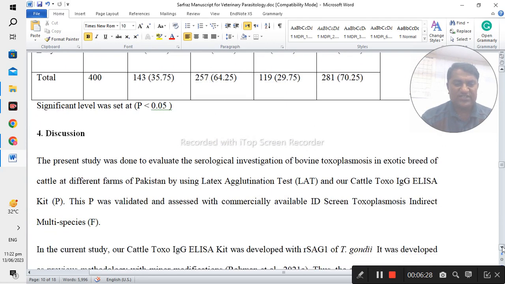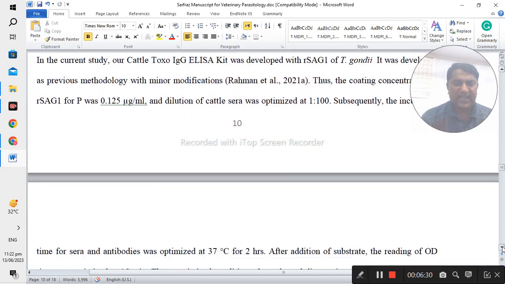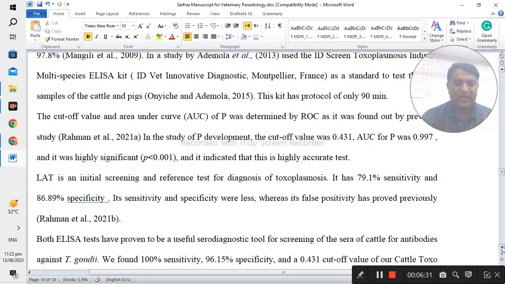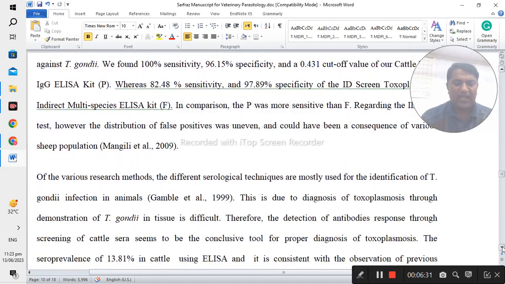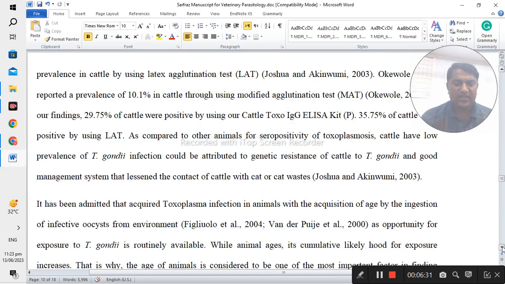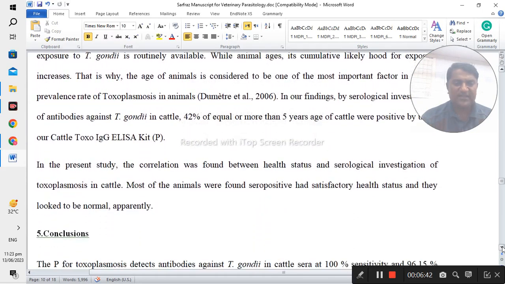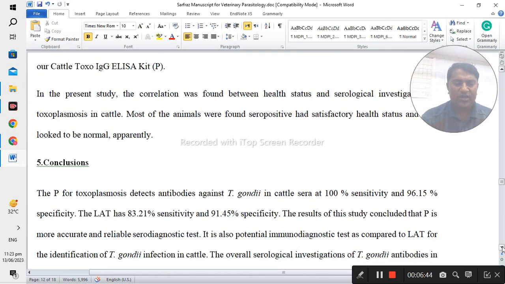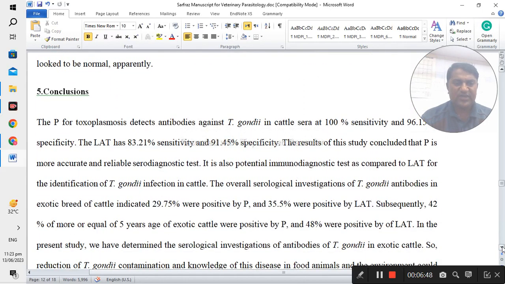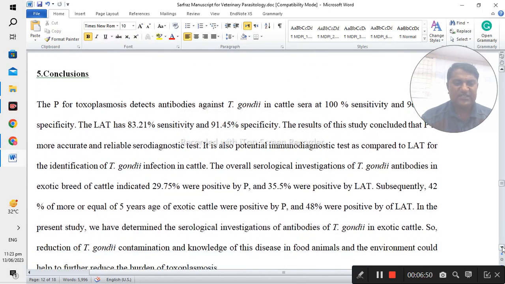So discussion is the most critical, analytical and also difficult part of the research paper, and you should also compare all the results that you have got. Then the last heading of the research article is the conclusion.